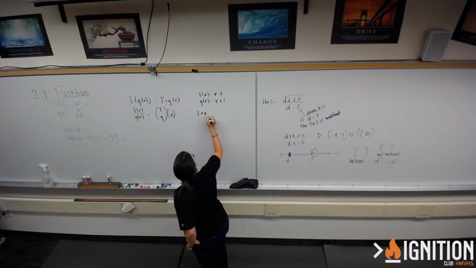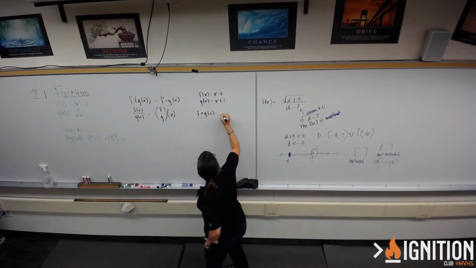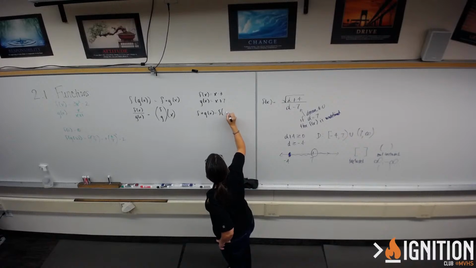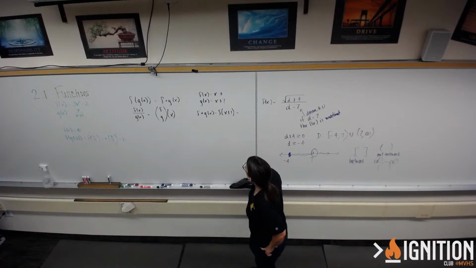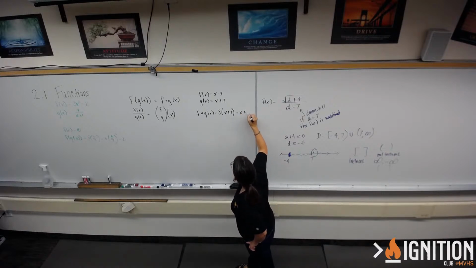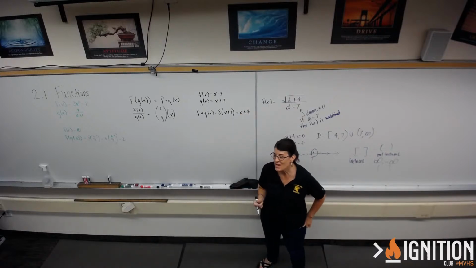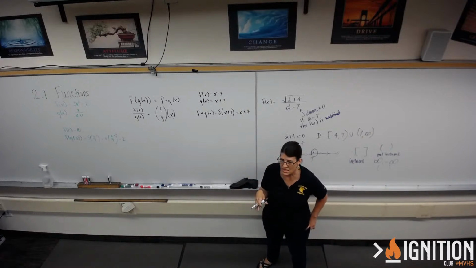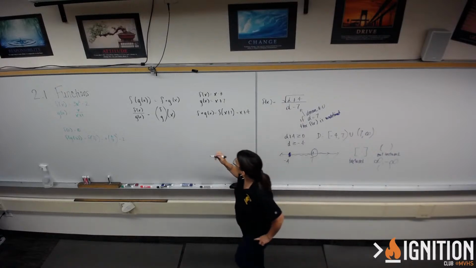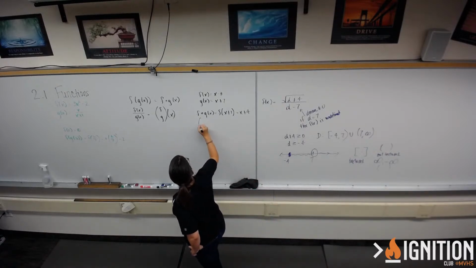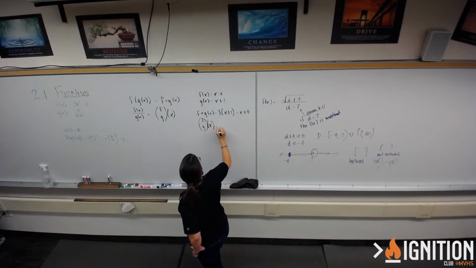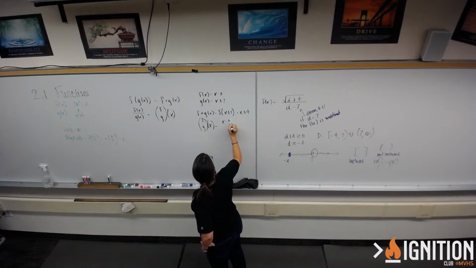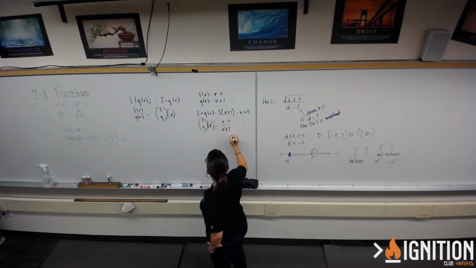So the f of g of x means the f of the g of x, which is x plus 7. By the way, if you see me make a mistake in the video, please send me an email politely pointing out that I've made a mistake. And the f of g of x is x plus 7 minus 3, which is x plus 4.